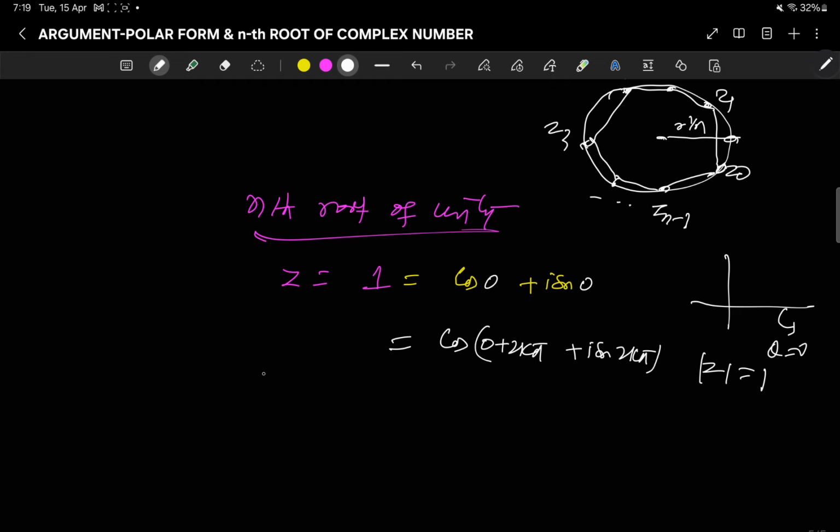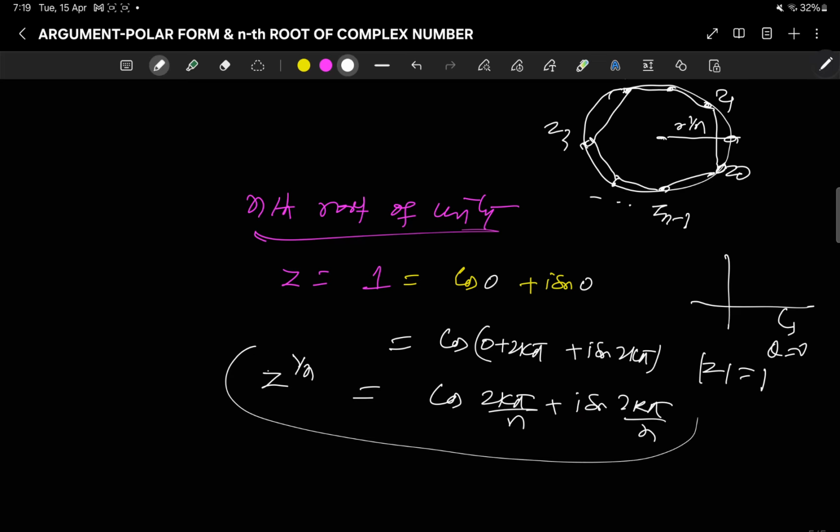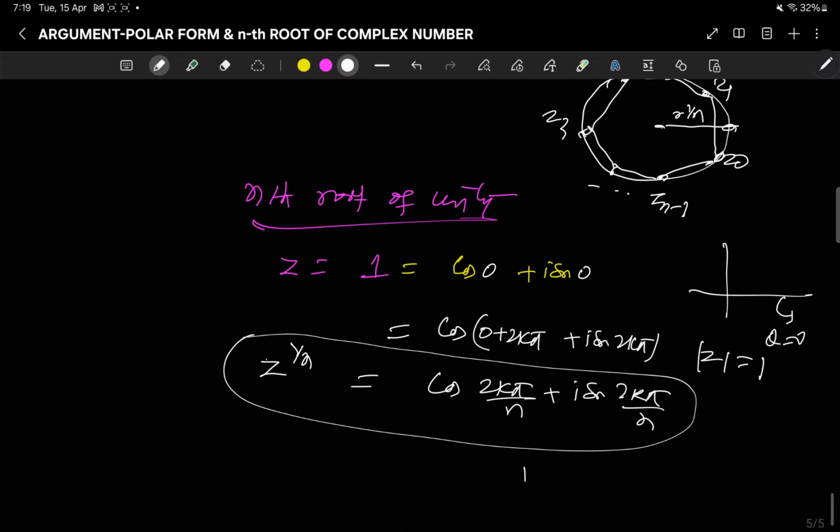So what is z to the power 1 by n? It is cos 2k pi by n plus I sin 2k pi by n, where k is equal to 0, 1 up to n minus 1.